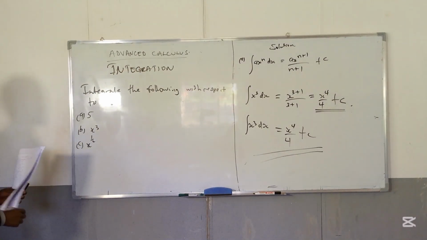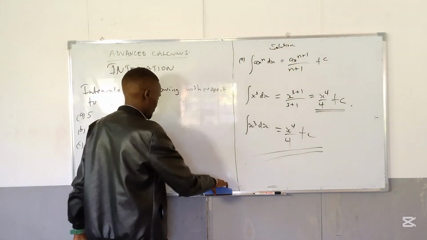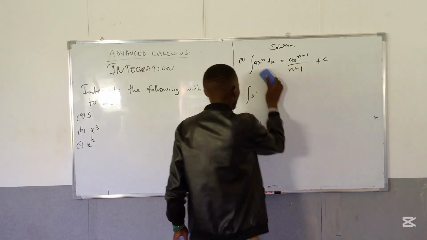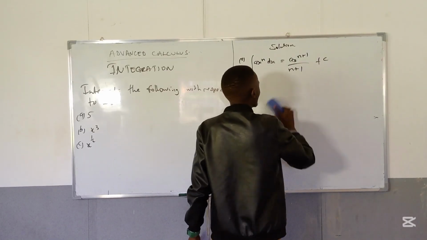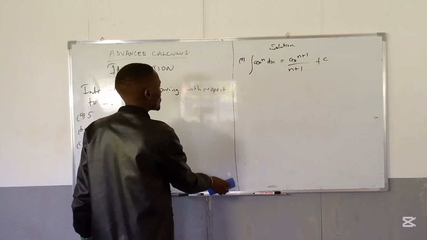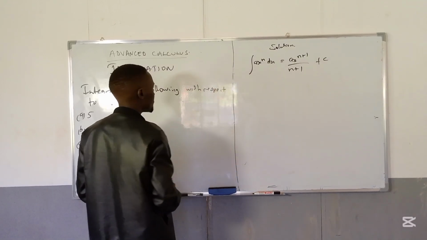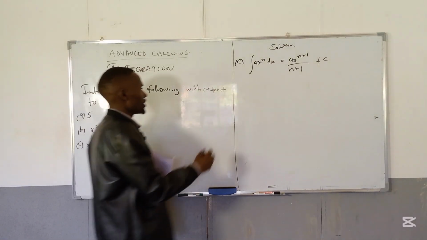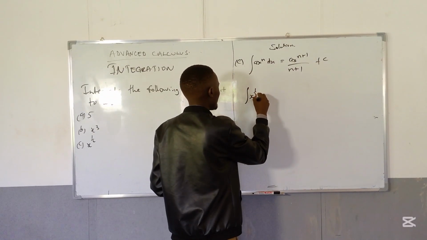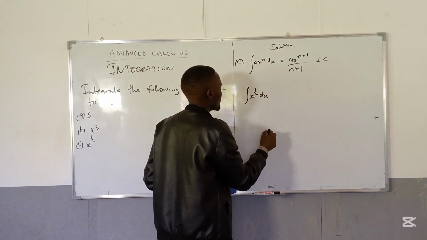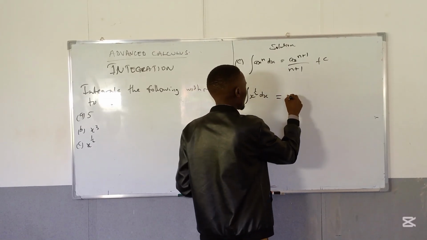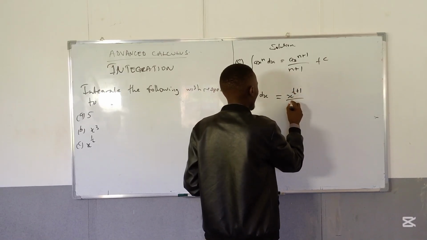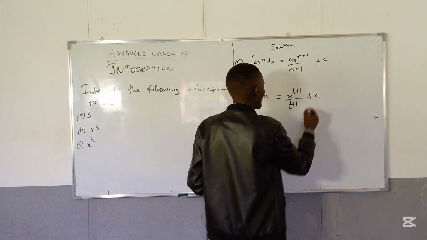Then we go to our last part. This is now part C. We are looking for the integral of x power half with respect to x. So now it will be the same as x power half plus 1 over a half plus 1 plus the arbitrary constant.